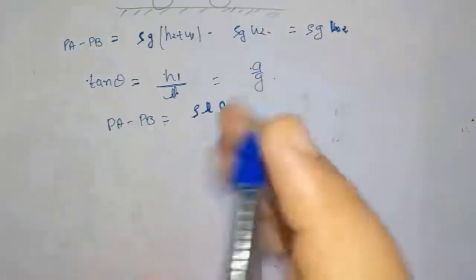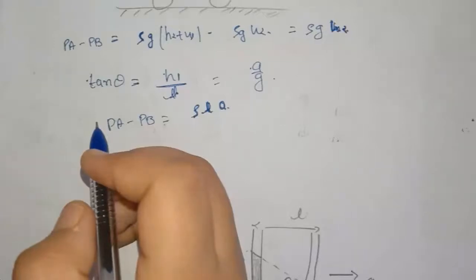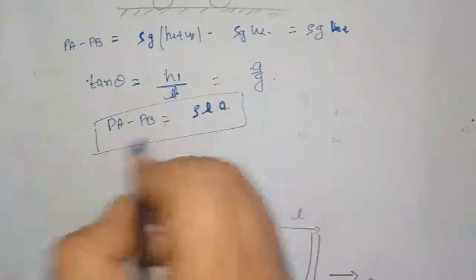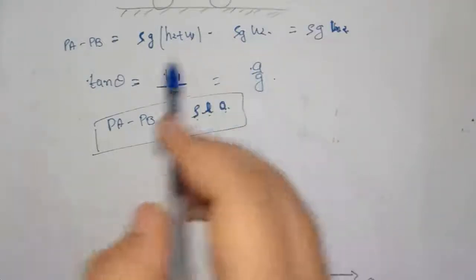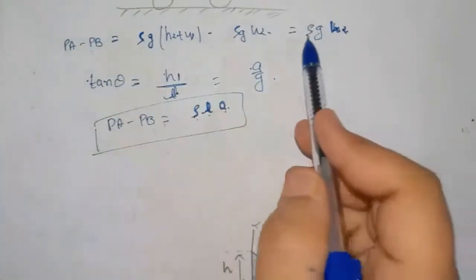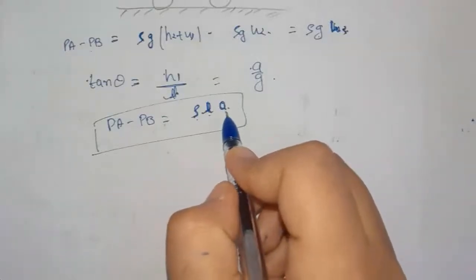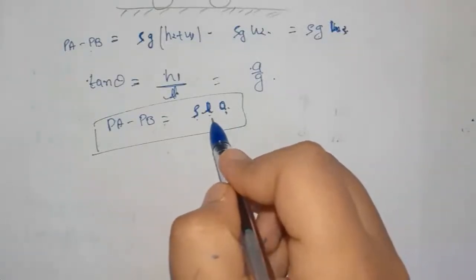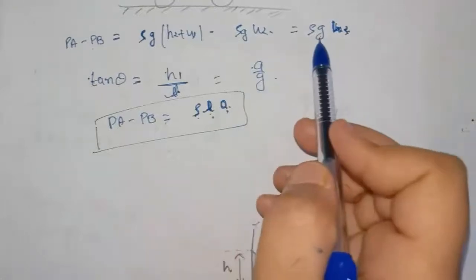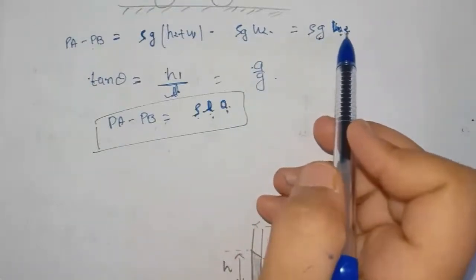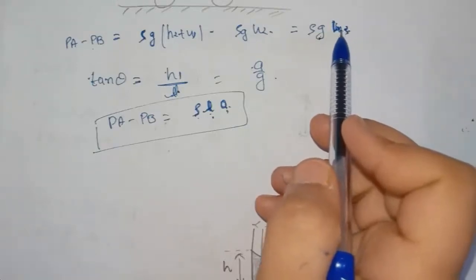So PA minus PB can be written as rho L a, or PA minus PB is written as rho g h1. Here a is the horizontal acceleration and L is the horizontal distance between A and B. g is the vertical acceleration and h1 is the vertical height difference between A and B.